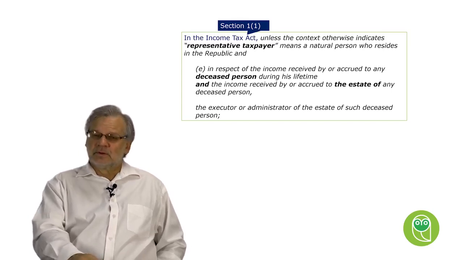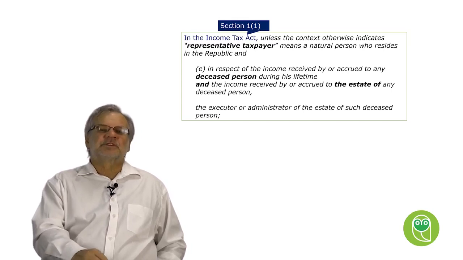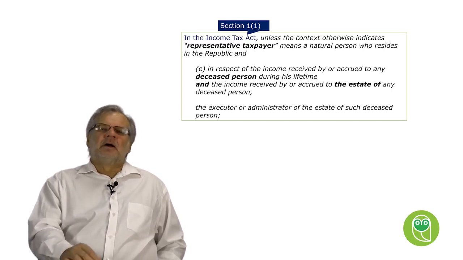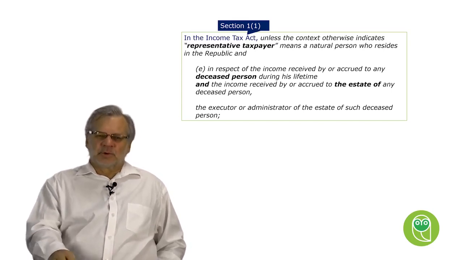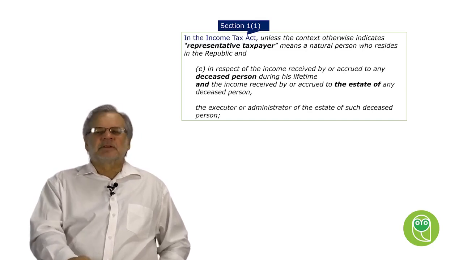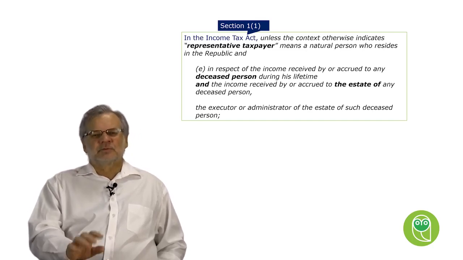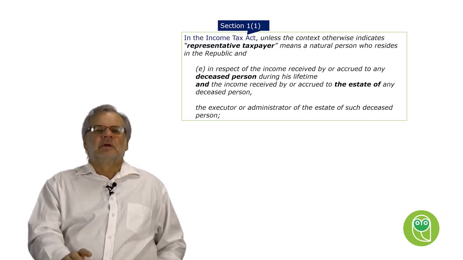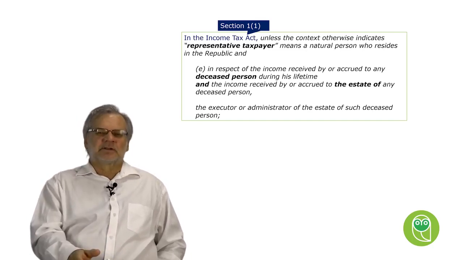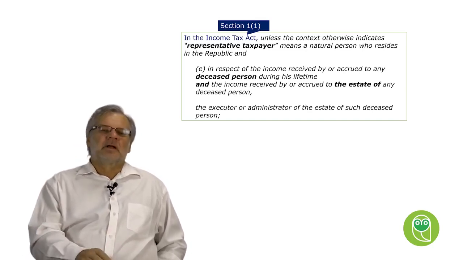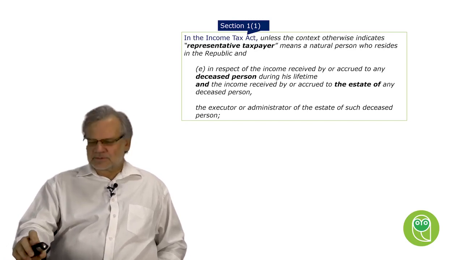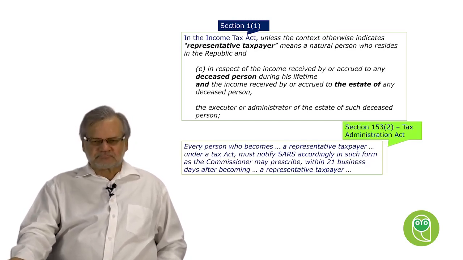So the executor will be appointed as the representative taxpayer. And the representative taxpayer is responsible to declare the income in respect of the deceased up till the date of death, lifetime, and then in respect of the estate of the deceased person to SARS.